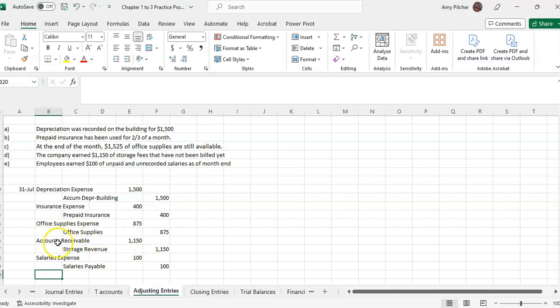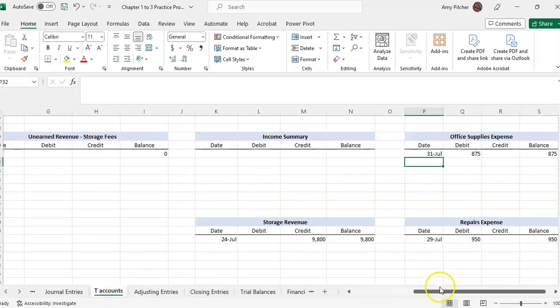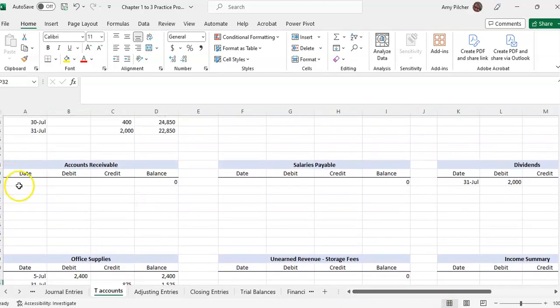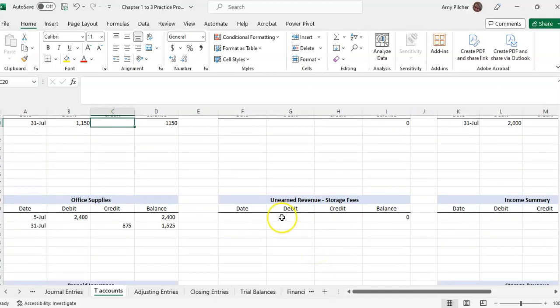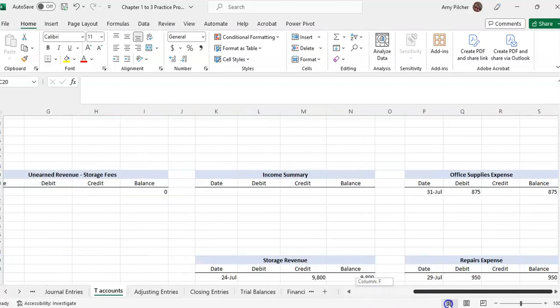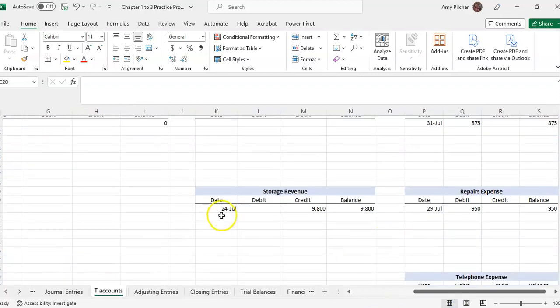Now we have accounts receivable and revenue. So we have accounts receivable now of $1,150. And we have revenues of $1,150.